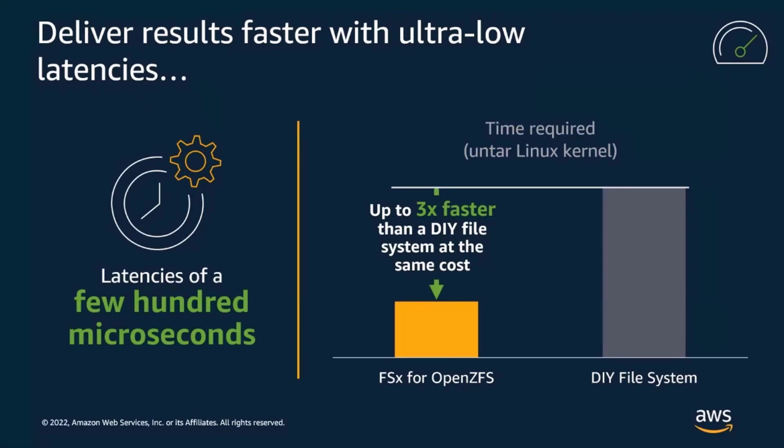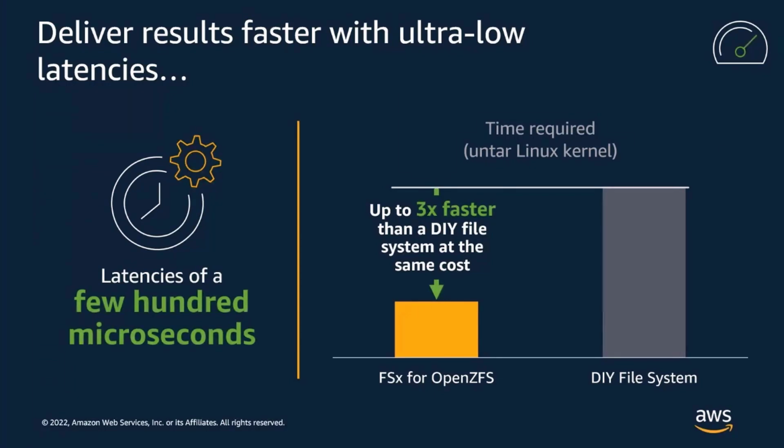So when it comes to file storage, there are really three dimensions that customers care about. There's latencies, there's IOPS, and there's throughput. So let's start with the latencies. With FSx for OpenZFS, you can get latencies of just a few hundred microseconds for your frequently accessed data. But what does that mean for you? I think this statistic in and of itself really undersells the point.